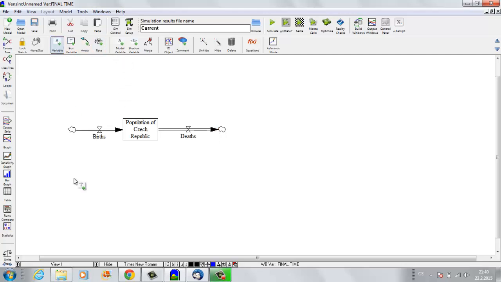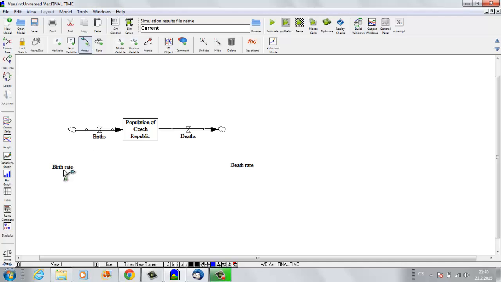Good. Now what we have to add is a variable called rate of birth. So let's call it birth rate, and on the other hand also a death rate. Now I have to add a few arrows which would indicate the relationship.